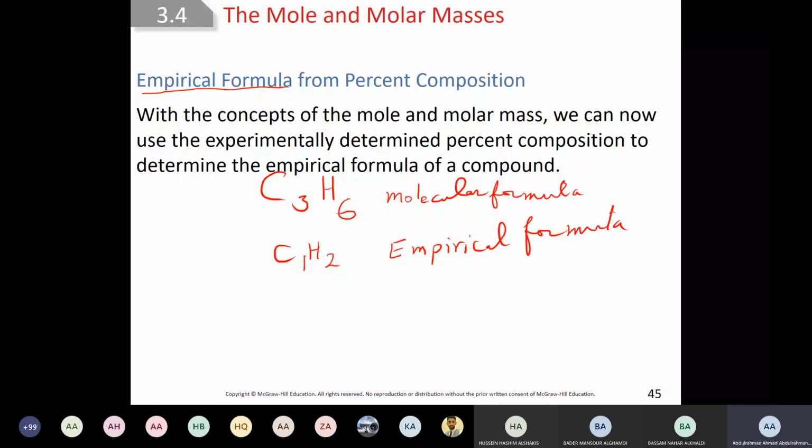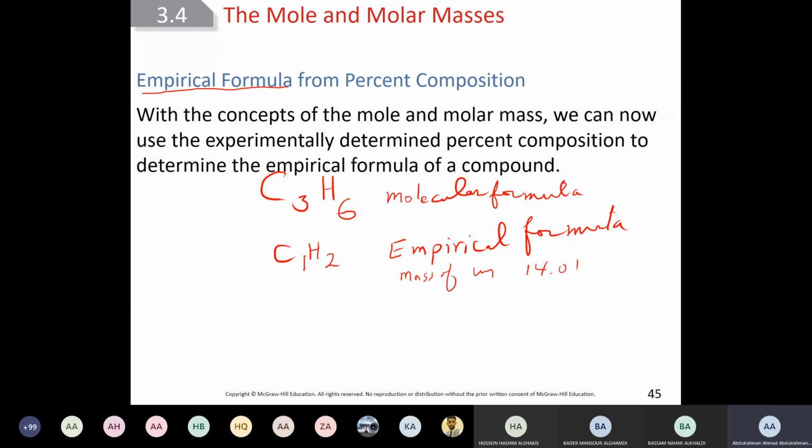All right, empirical formula. Now, I want you to tell me what's the mass of the empirical formula here. Go to your periodic table and tell me what's the total mass of the empirical formula. 14. 14.01 exactly.